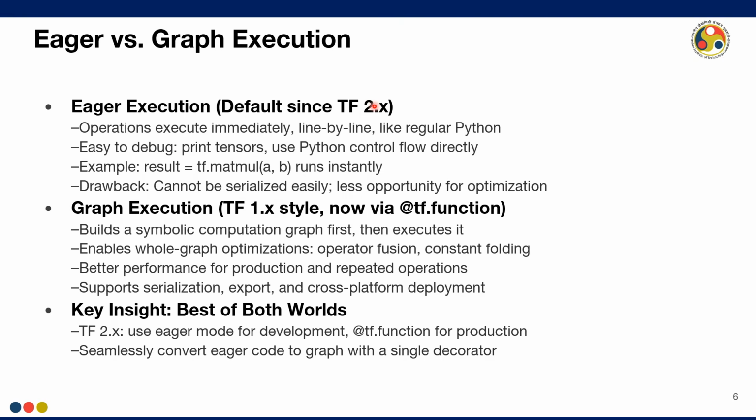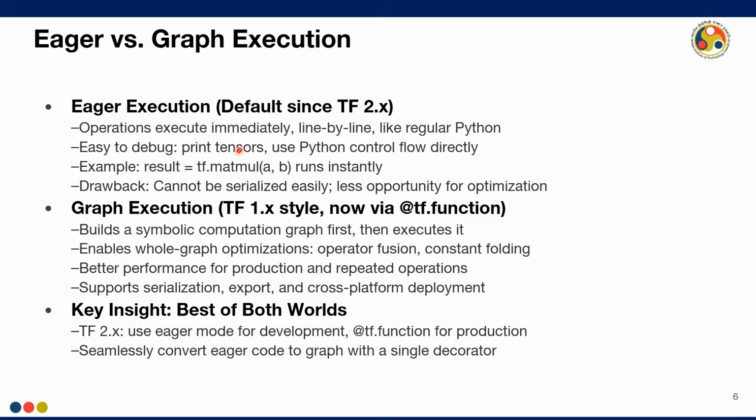If you are using any version of tf2.x, you are using eager execution. It's easy to debug because you know exactly what is executing at what point of time. You can give prints, you can use Python control flow directly to see exactly how the control is flowing line by line, and essentially print tensors and their values at a given point of time.